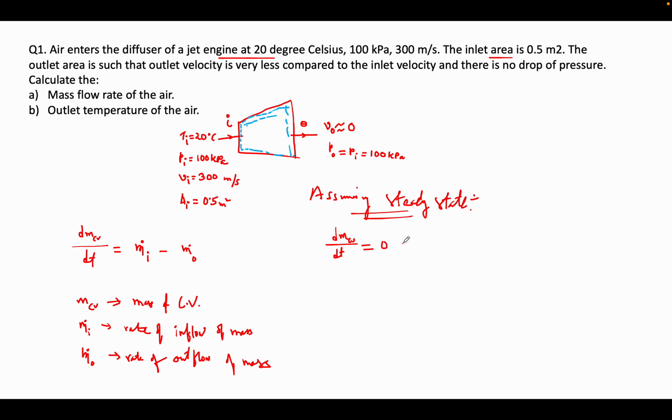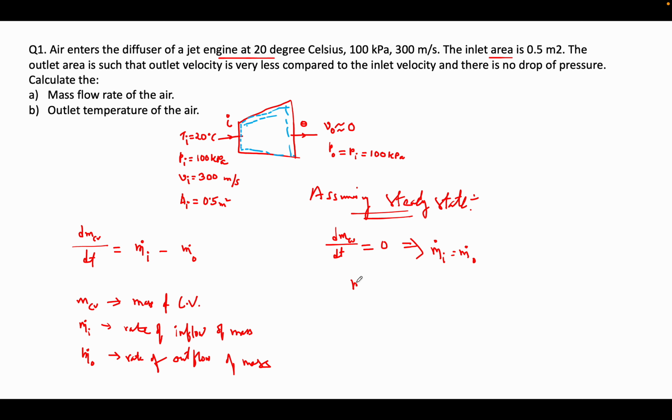This will be equal to 0, which implies that mi dot will be equal to mo dot. Okay, now we just need to calculate what is mi dot and what is mo dot.